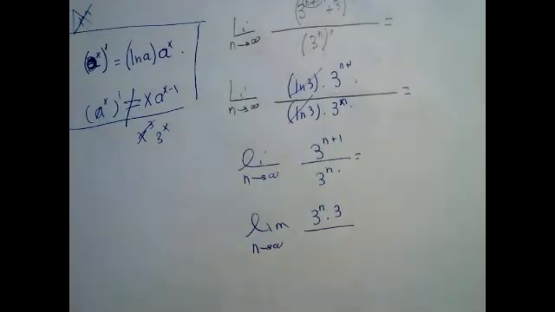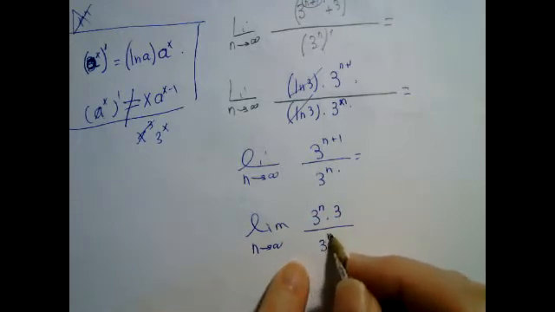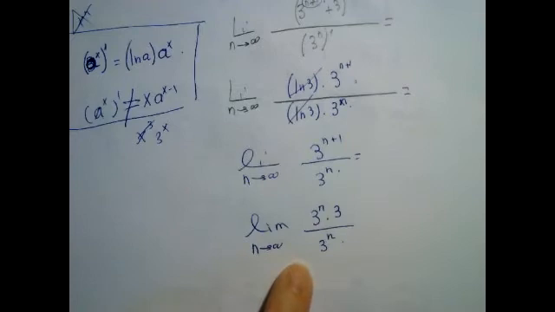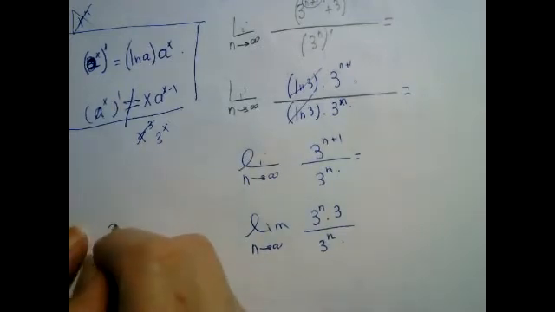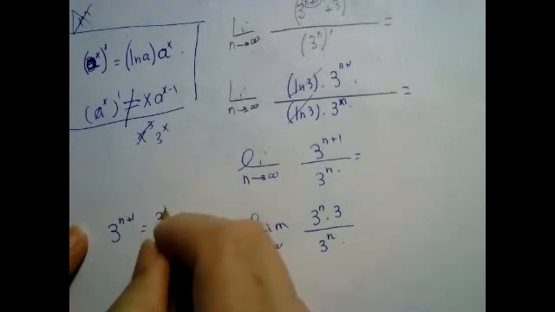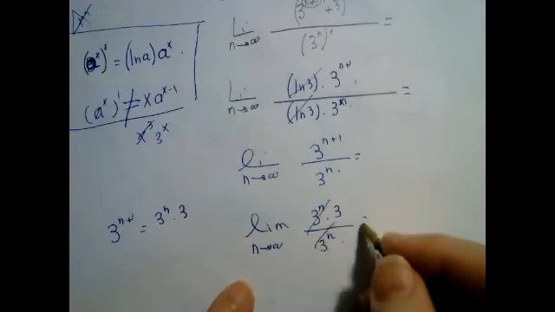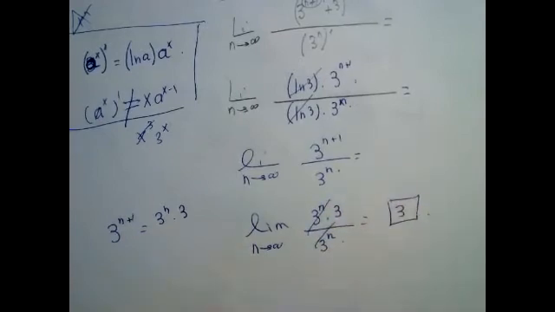We can split it, because if you take 3 to the n times 3, it's 3 to the n plus 1, divided by 3 to the n. Very crucial thing that you will be doing a lot. So 3 to the n plus 1 is 3 to the n times 3, because we just add the power n plus 1. We get an answer of 3. So that's really the best way to do that, which is equal to 3.